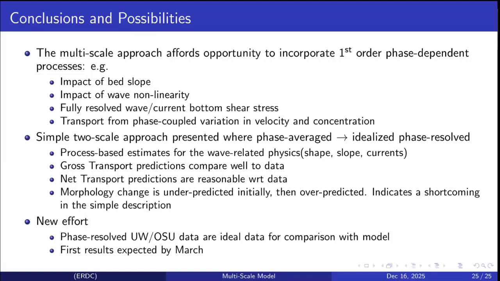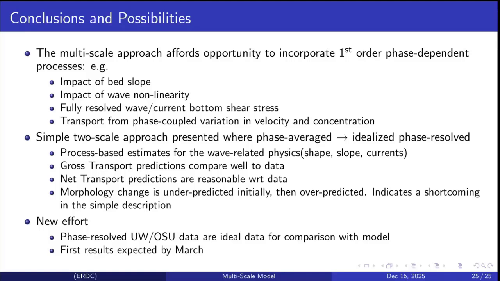If we use a multi-scale approach, it relatively easily includes the impact of bed slope and the wave nonlinearity, so the skewness and asymmetry. We can fully resolve the bottom shear stress due to waves and currents.